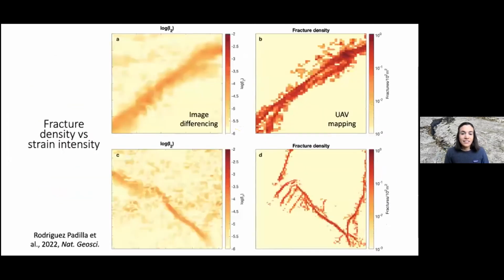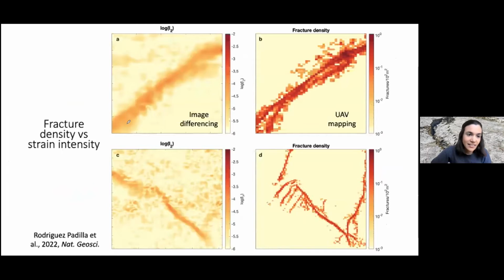Okay, the next thing we want to do is directly compare our fracture maps to strain maps. So here we're looking at the magnitude of strain conveyed by the second invariant of the strain tensor, which is shown on the left plots. And on the right, we have fracture density from the high resolution UAV mapping. And overall, we can see that to first order, areas of high fracture density and high strain overlap.